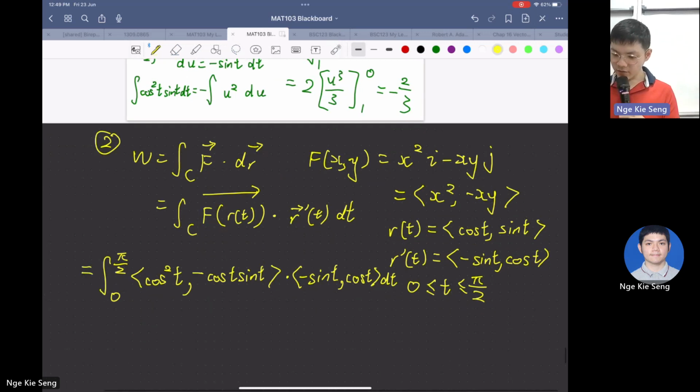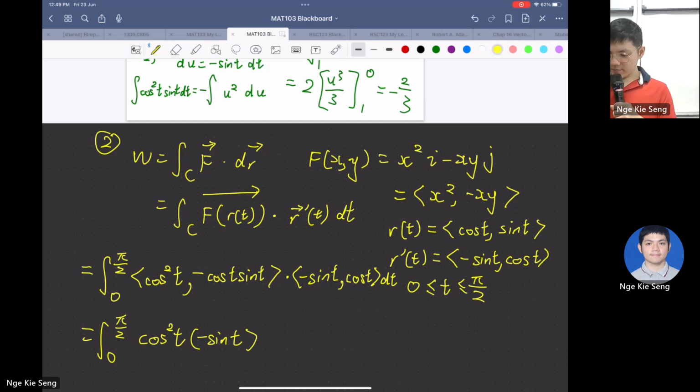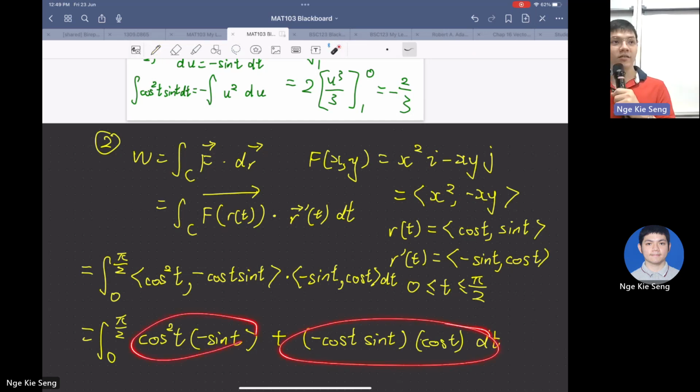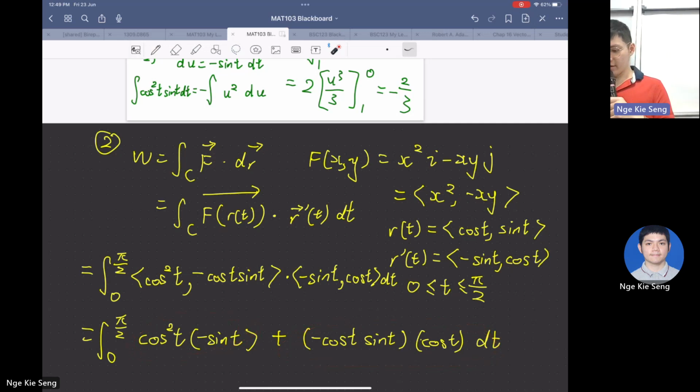So what's this dot product here? Cos squared t times minus sin t, plus minus cos t sin t cos t, dt. Can you see that this is what we did just now, F1 and F2?